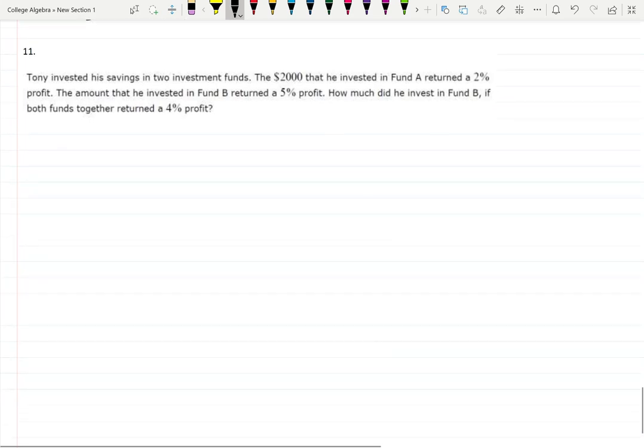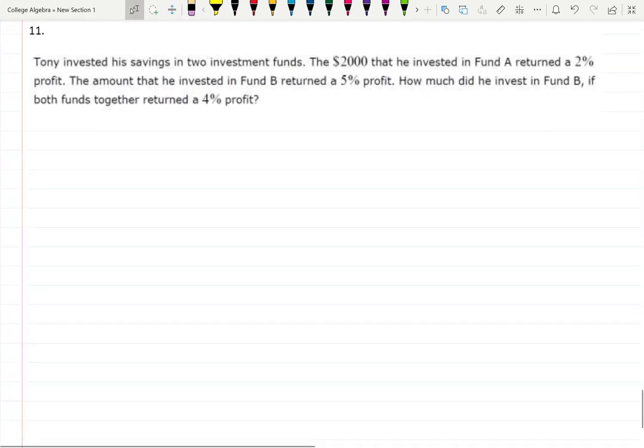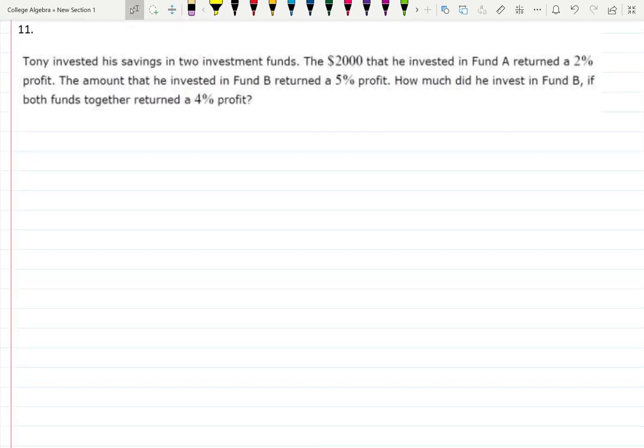Last problem. Investment. Of course, you will see in your homework and problem sets and probably on the exam some kind of investment problem. So you decide on, in this case, it's two funds, but say you invested into funds, you don't know how much total you invested, but you know that 2,000 went to the fund A and returned 2%. Something went to the fund B and returned 5%. You know that together they returned 4% of total.